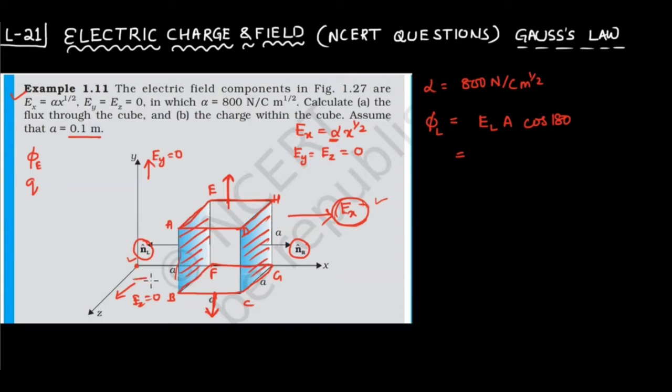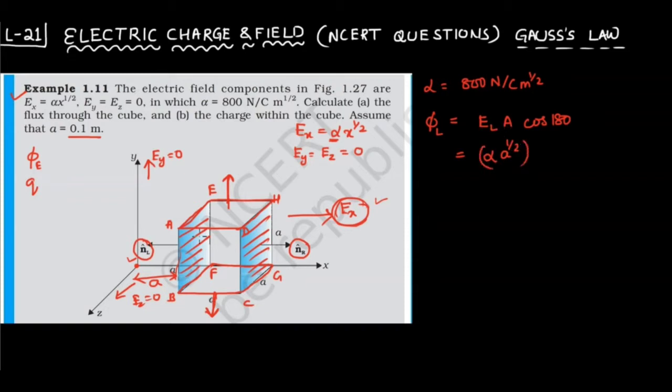So x will be equal to a. While finding EL, we have to put x equal to a, so it will be alpha into a to the power half. Is that clear?